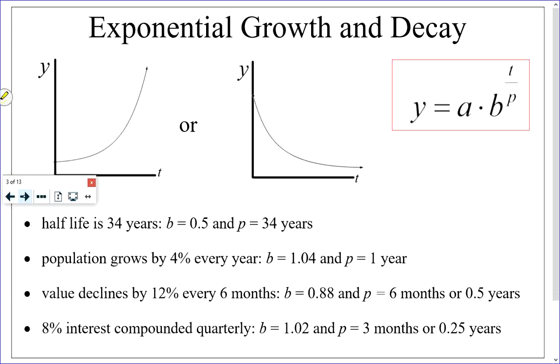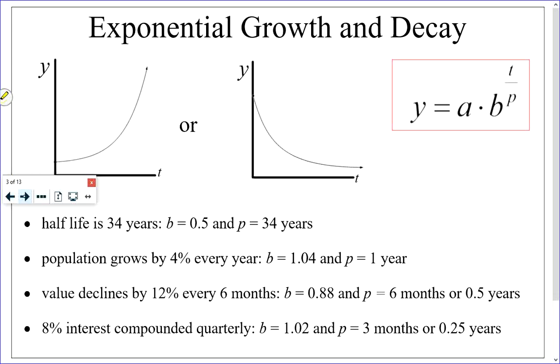So for example, if you're dealing with a situation where half-life is 34 years, that means B is 0.5 because things are being cut in half regularly. It means that P is 34 years. That's the length of time it takes to happen. If you have a population growing by 4% every year, since it happens every year, P is a year.